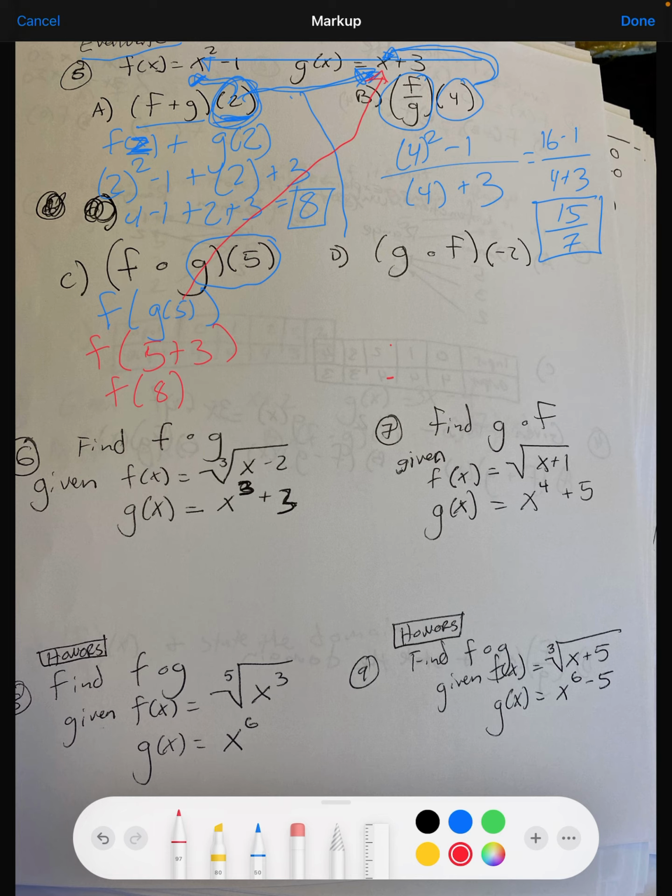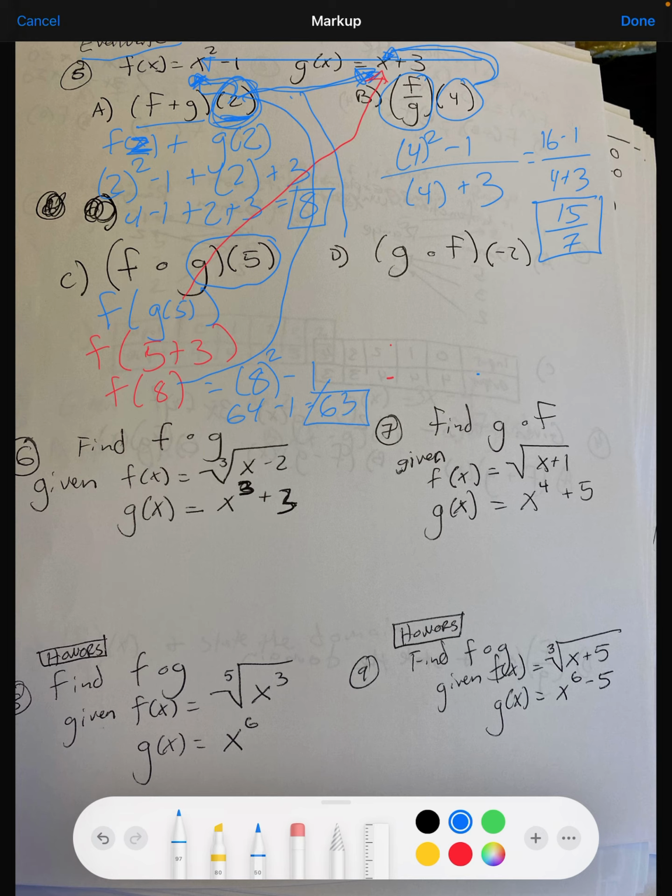So now I need to take this 8, plug that into f, and see what I get when 8 is the input for f. So that's going to give me 8 squared, because that's what my f function is, minus 1. 64 minus 1, 63.